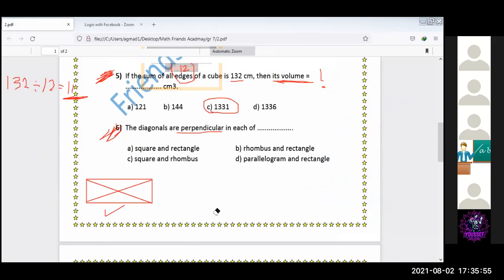I will draw the rhombus here, and I will draw down a square. Now let's go to our diagonals here and here. This is a square, and this is the rhombus.